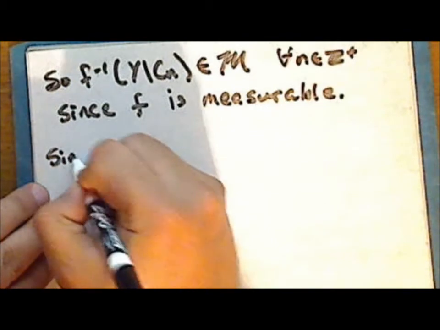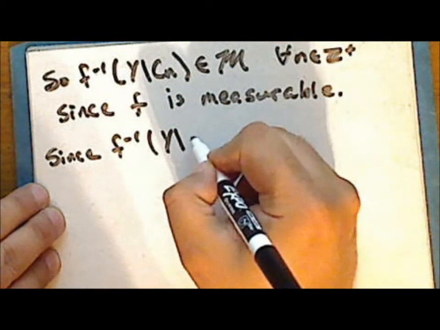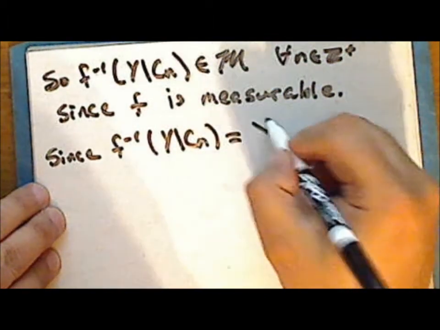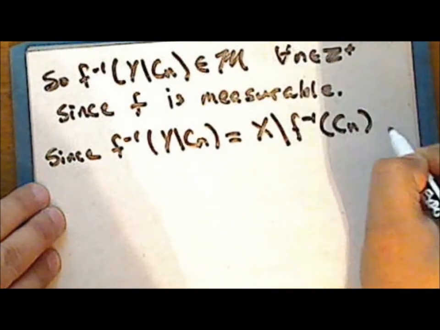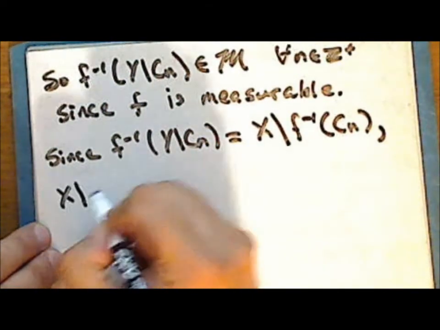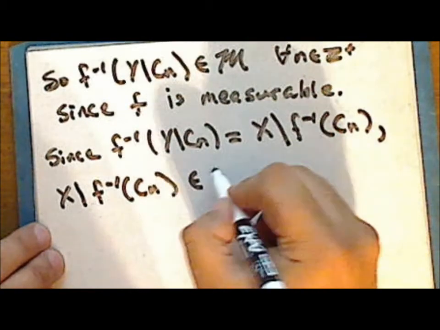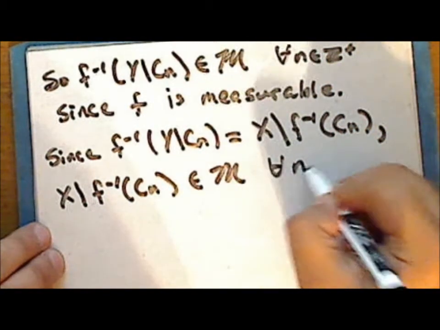So since F inverse of the complement of C sub n in Y is the same as the complement in X of the inverse image of C sub n, we have that the complement of the inverse image of closed sets is in the sigma algebra in X for every index n.